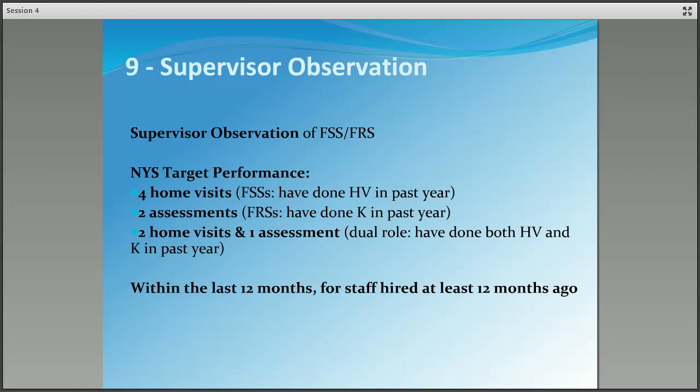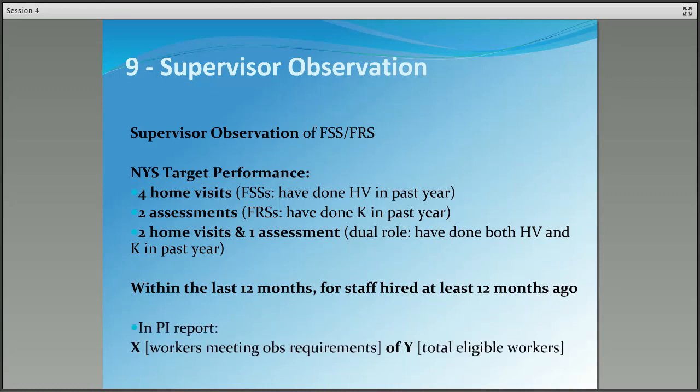They need to be observed doing both components over the year. So even if a worker is mostly an FRS and mostly just does assessment, if she performs any home visits in a year, she's expected to have 2 home visit observations. As such, it's very important to keep track of what roles a worker is performing so you can make sure they have all the observations that they need.